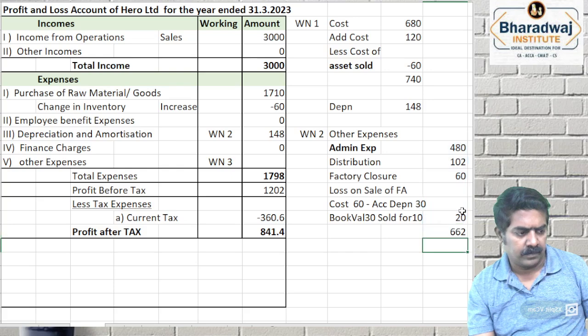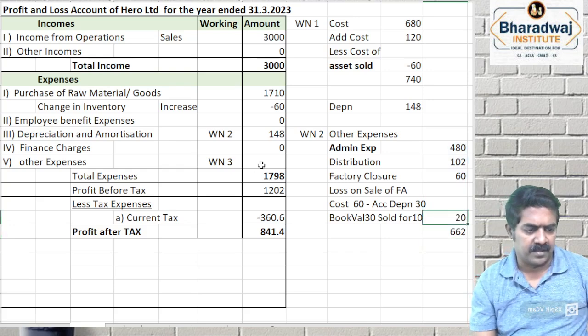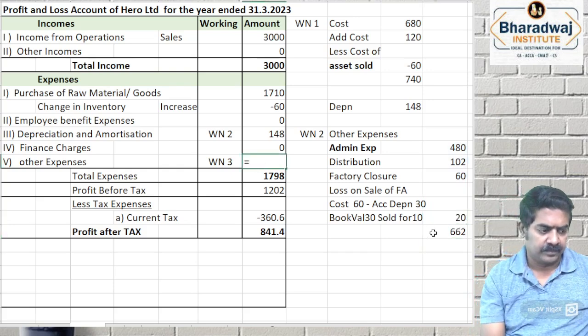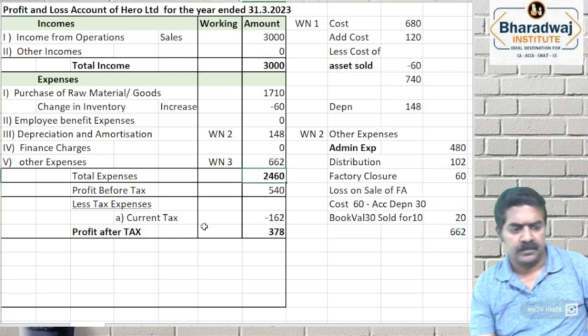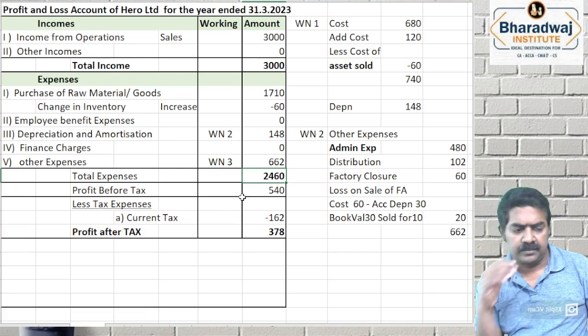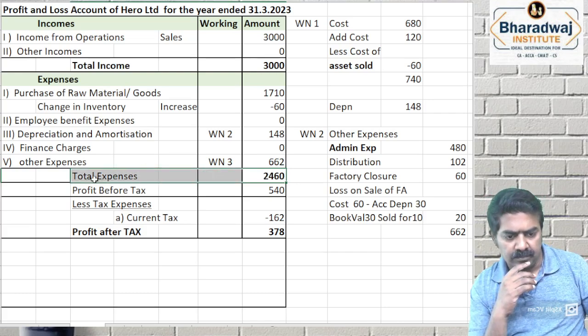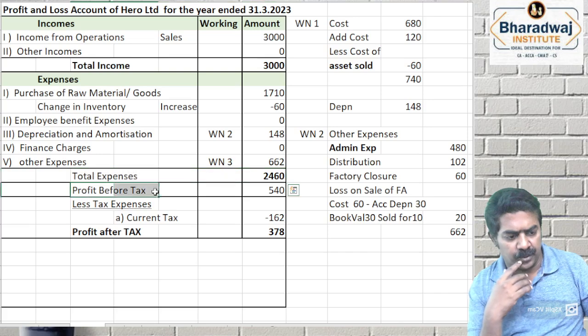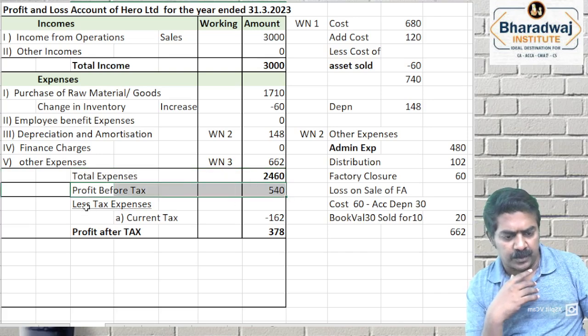Loss is an expense. What is the total? 662. Total of expenses, how much do we get? 2460. Profit before tax will come.